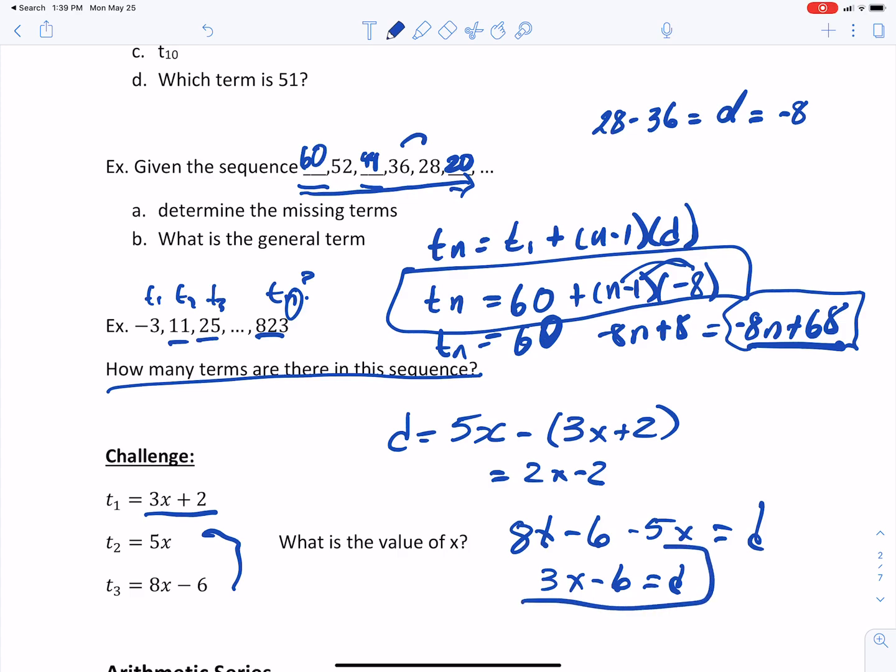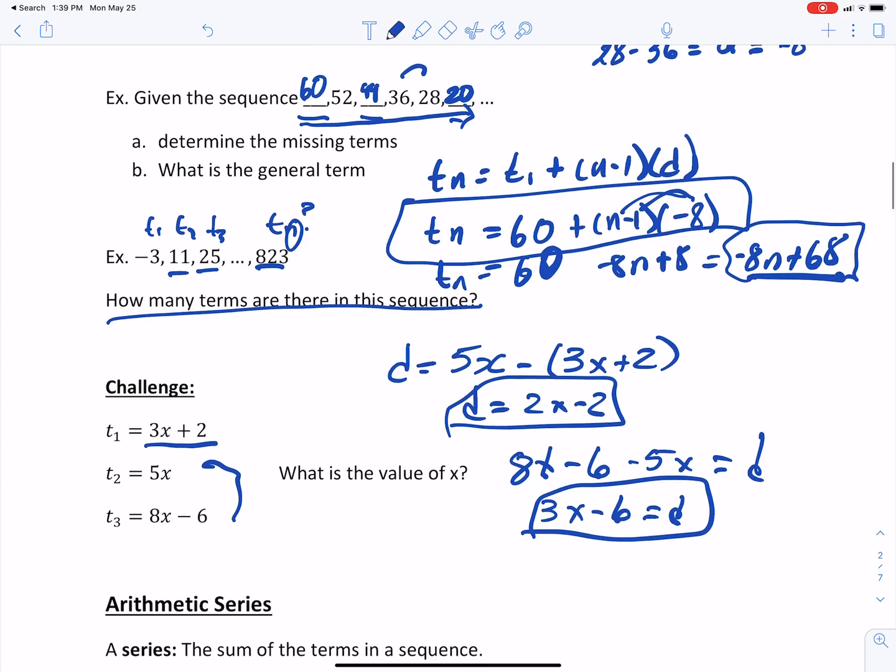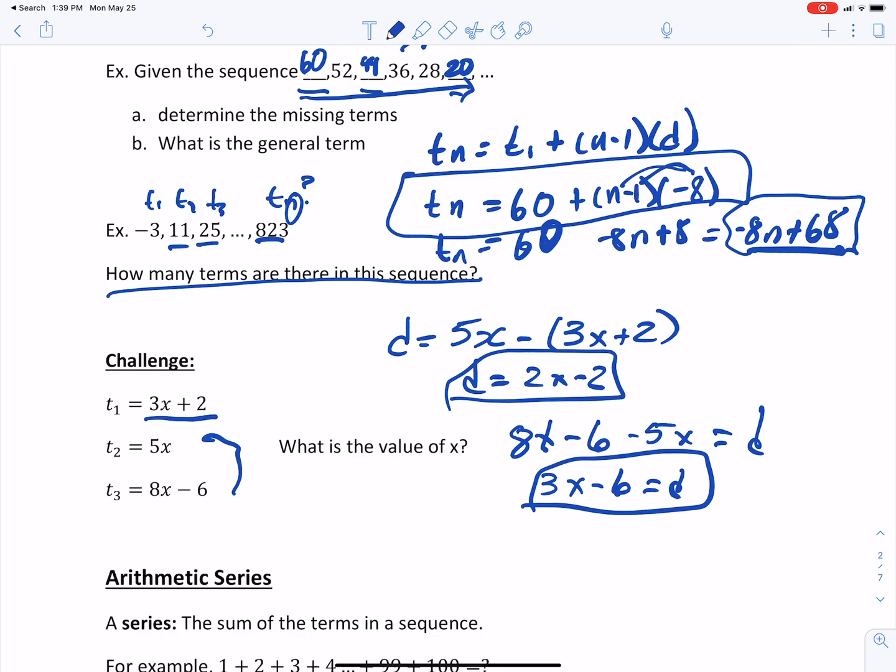I'm going to make this equal to that, because they're both equal to my variable d. So 3x minus 6 is 2x minus 2. I'm going to take away 2x. x minus 6 is negative 2. So x is 4.